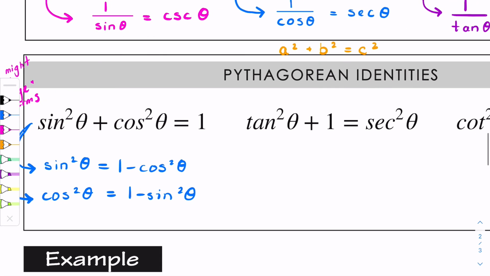The next identity, we have tangent squared theta plus 1 is equal to secant squared theta. To rearrange these terms, we could start by subtracting 1 from both sides, and that gives us a new identity that says tangent squared is equal to secant squared minus 1.